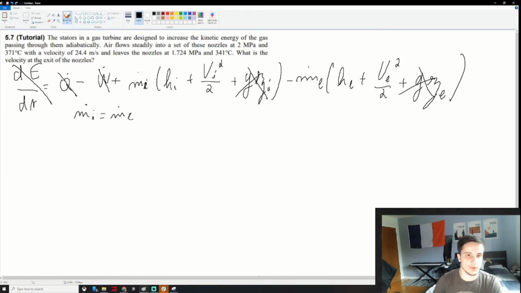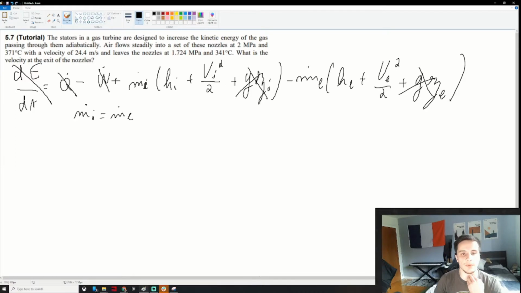And now let's check, do we have the mass flow rate? We do not, but we may not need it. Specific enthalpy, in both cases, we do not have it, but as we did with the previous exercise, we can replace it by Cp times the change in temperature, in which case we have the temperature in both states. So there's no need to pull out the ideal gas equation, for example, or the mass flow rate equation to find a missing variable.